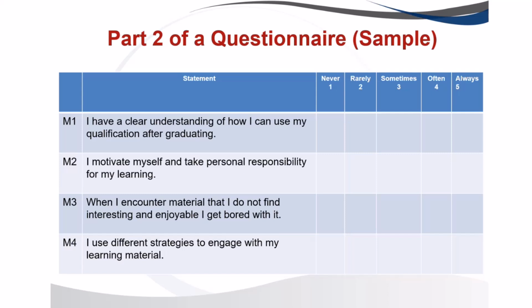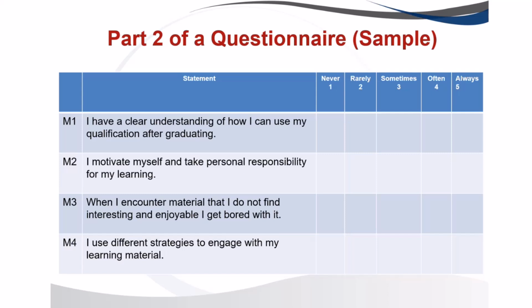In other words, I group my statements according to a variable or a factor or a constant. For example, in this case, I can call the name of this factor motivation.